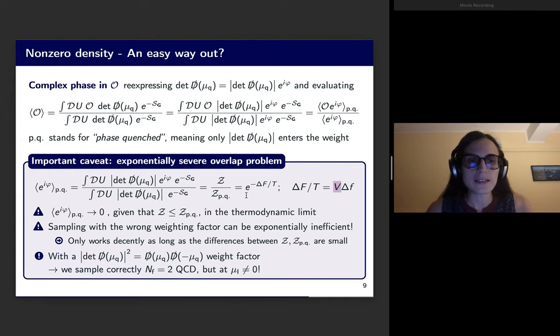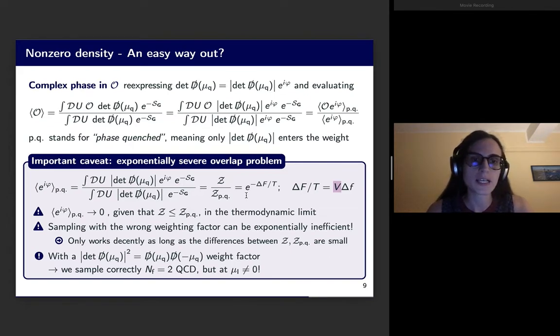Then we understand that sampling with the wrong reweighting factor can be exponentially in the volume inefficient, and it only works decently as long as the differences between the full partition function and the phase quenched partition function are small enough.